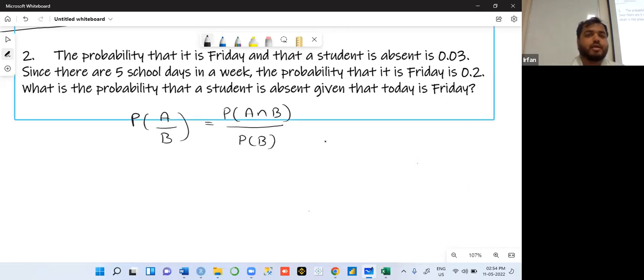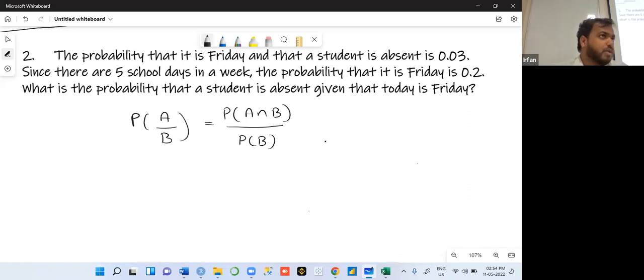Now, probability that it is a Friday, which happened in the classroom also. On Friday, people become absent or online, and that a person is absent. So here we have two things, Friday and absent. We have A and we have B. Since there are 5 school days in a week, the probability that he is absent is 0.2.